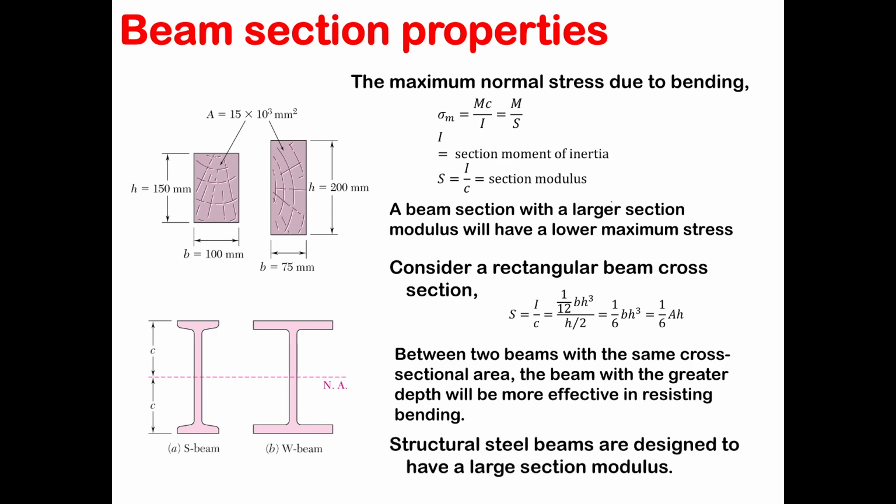And structural steel beams are designed to have a larger section modulus. So essentially, an I-beam is designed to have a larger section modulus compared to a rectangular beam.